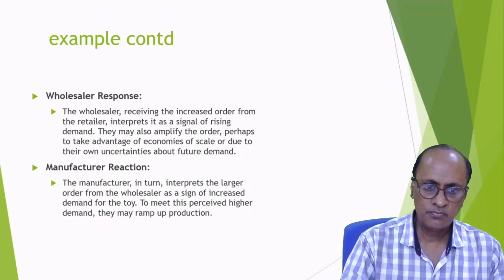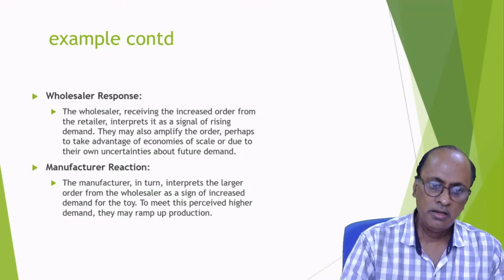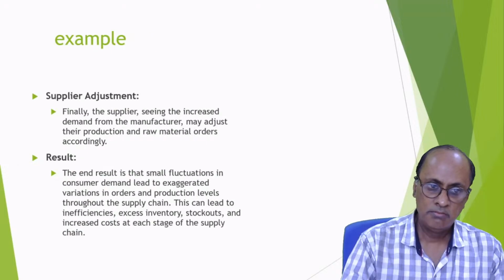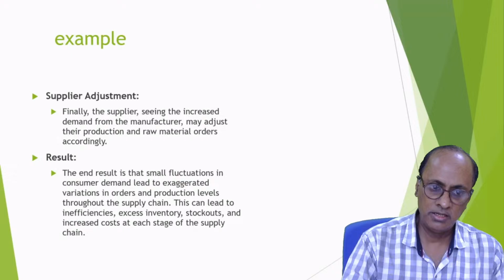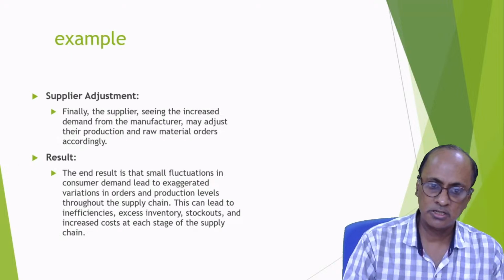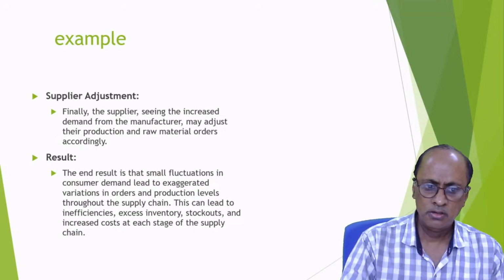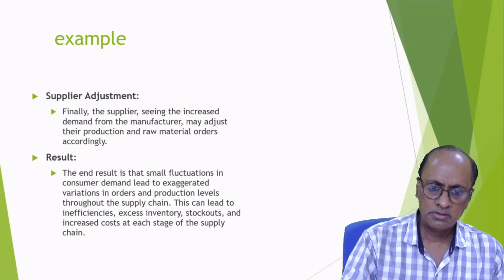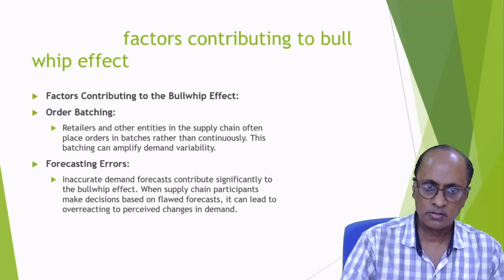Then the wholesaler gets a higher order from the retailers. He in turn gives more orders to the manufacturers, manufacturers to the suppliers, and at the end, the small fluctuation in consumer demand leads to exaggerated variation across the supply chain. The bullwhip effect leads to inefficiency and excess inventory.